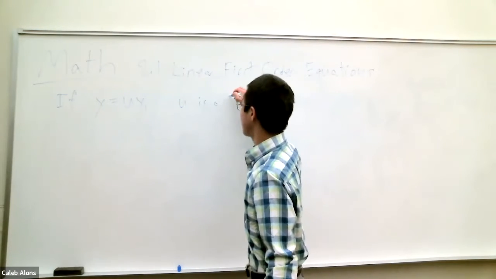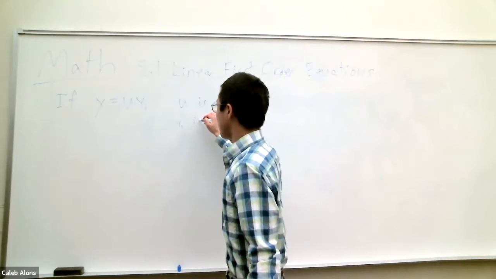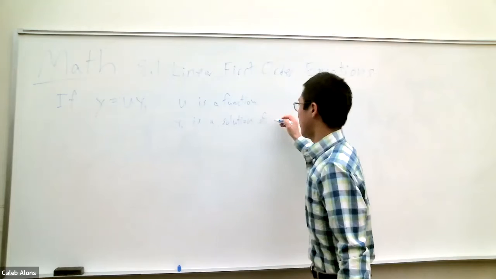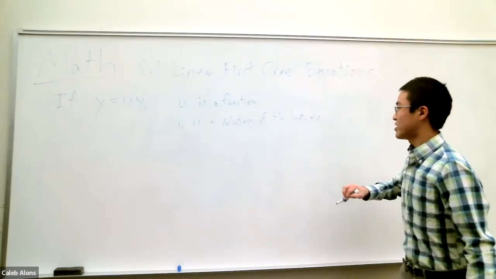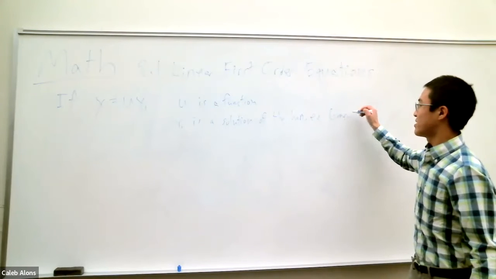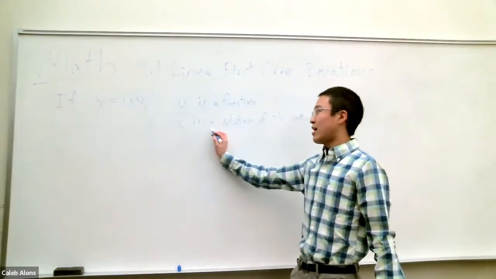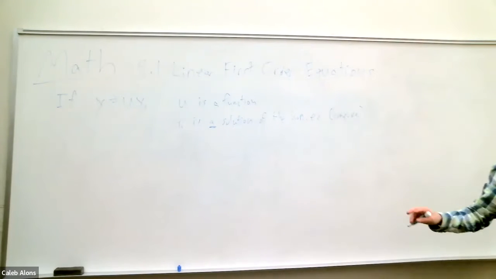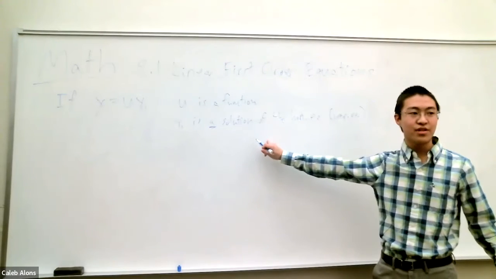So u is a function, and y1 is a solution of the homogeneous equation, or we could call that the complementary equation. Now, there's a caveat here. It's a solution, so we don't have to worry about the most general possible solution for y1. That's going to come in handy because later on we're going to take shortcuts that are allowed by the nature of the definition of y1.